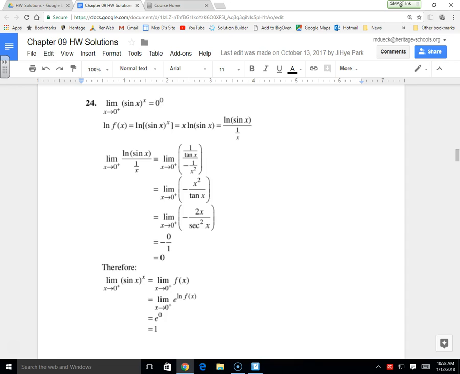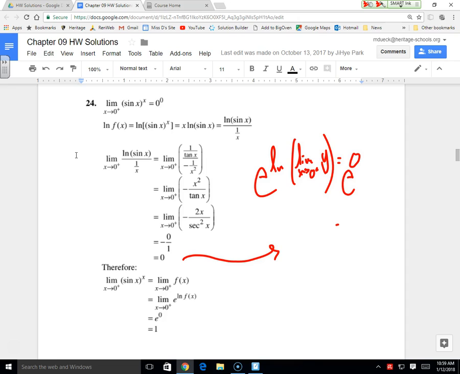And remember, 0 is equal to, over here you would have ln of the limit as x approaches 0 of my function, or of my y. So then to actually get to the original limit that I was trying to solve, we have to undo the ln, and how do we do that? e. Then e to the 0 is 1.